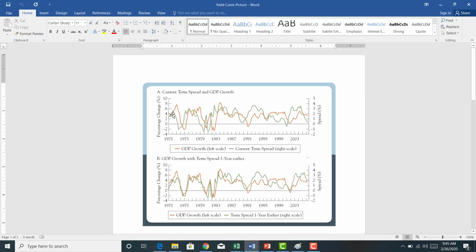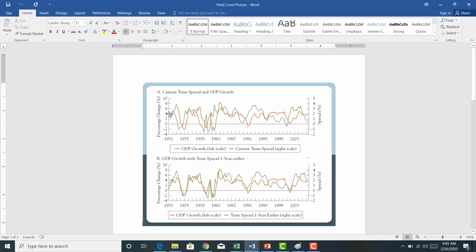In the top panel of this figure, this is the current term spread and GDP growth rates. In green is the term spread, and in orange is GDP growth rates. Now let me explain what the term spread is. The term spread is calculated as the difference in the yields of 10-year government bonds and 2-year government bonds.